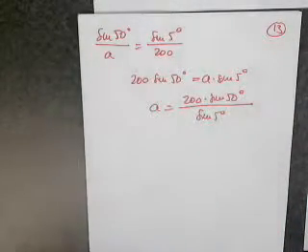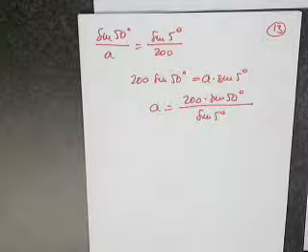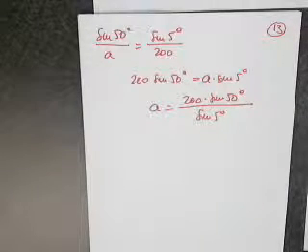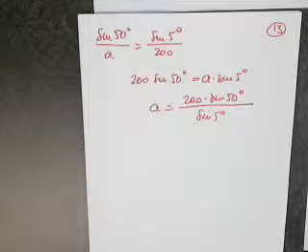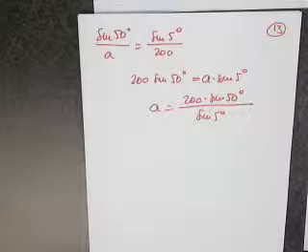So now I determine A, put in the calculator. So 200 times sine 50 divided by sine 5. So 1758 roughly.